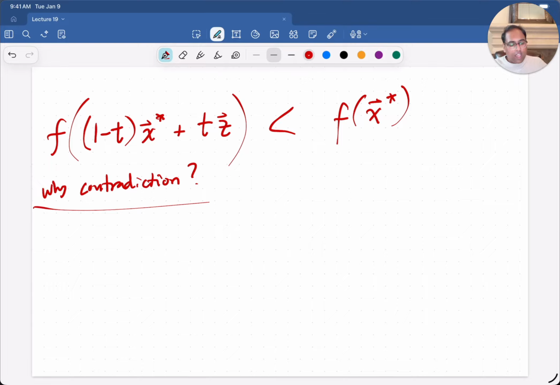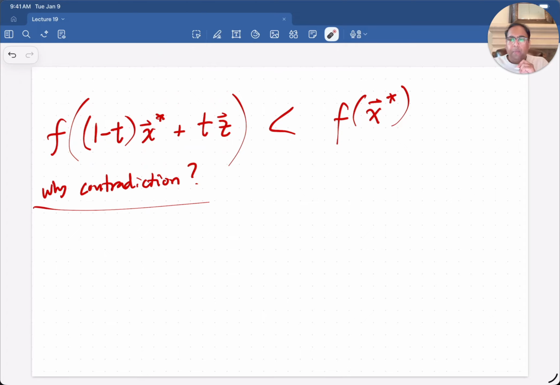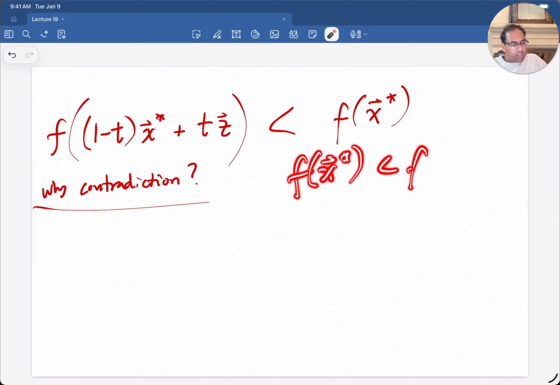But let me start by motivating it this way. What would happen if I plug in t equals 0 into this? Well, if I plug in t equals 0, it zeroes out the z piece in this weighted average, and I just have 1 minus 0 times x star. This would tell me that f of x star is less than f of x star. That would be a contradiction.